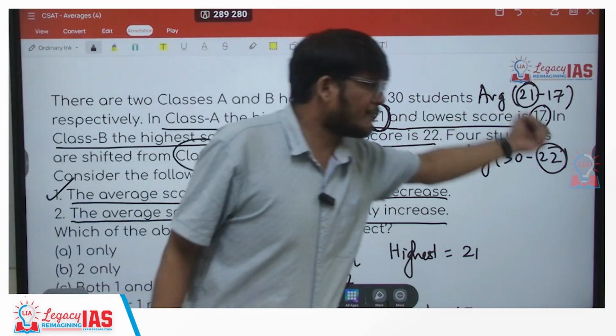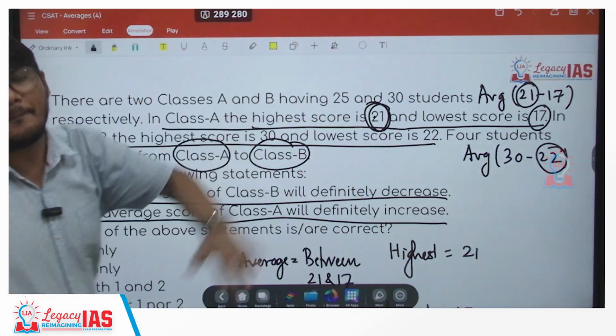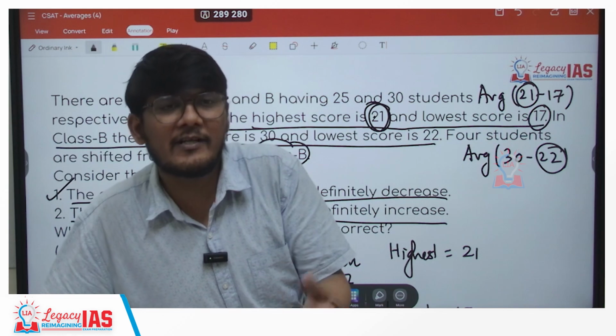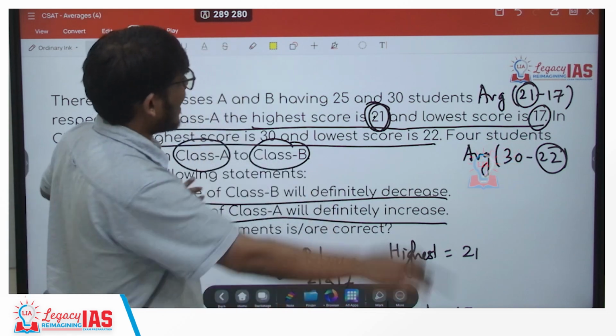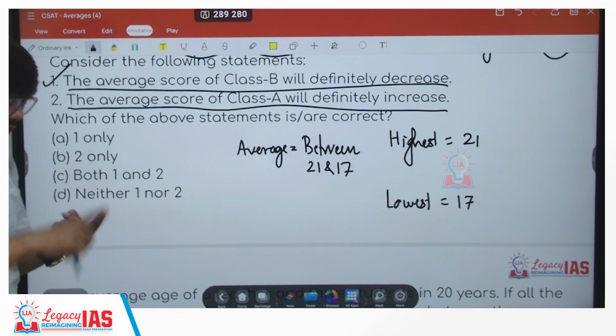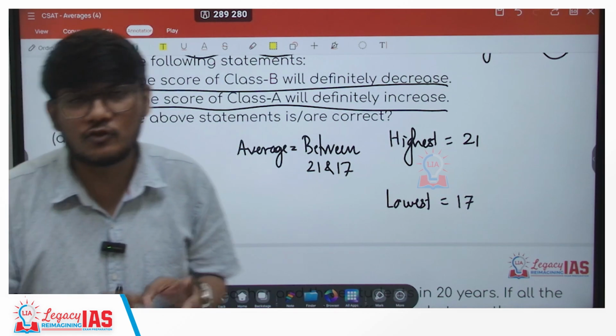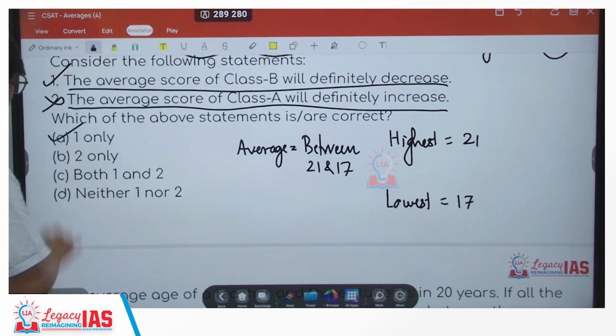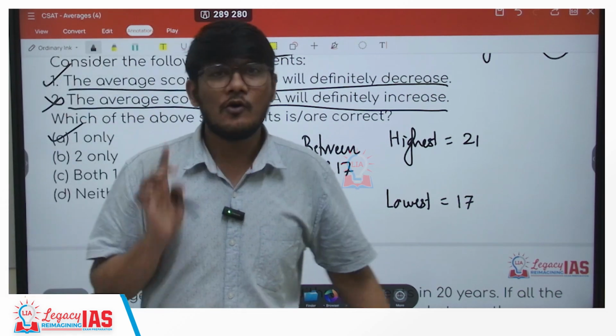If you remove the lowest performing students, then the average may go up. It is also possible to remove such 4 students that the average remains the same. So the average of class A may remain same, may increase or may decrease, you cannot say. So this is wrong. The correct answer is option A, 1 only.